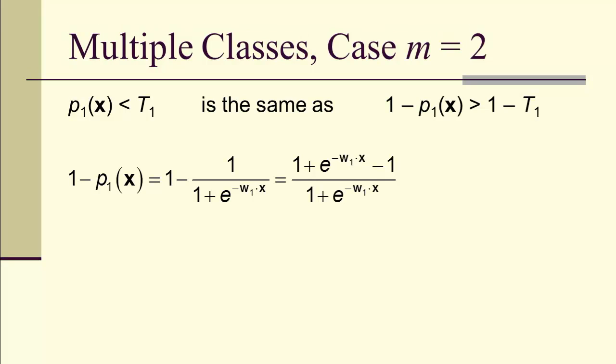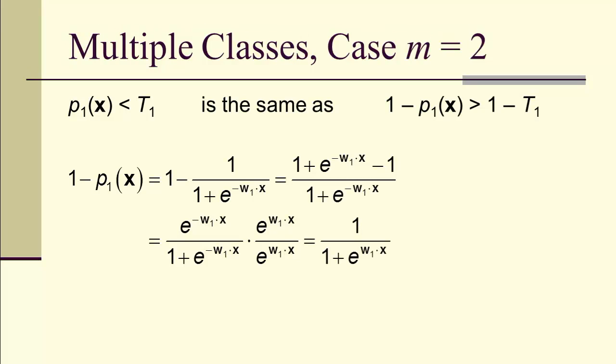And when we do the algebra here, then we get e to the negative w1 dot x over 1 plus e to the negative w1 dot x. And now we simplify by multiplying by e to the w1 dot x on the top and the bottom. And now we get 1 over 1 plus e to the w1 dot x, instead of negative w1 dot x.